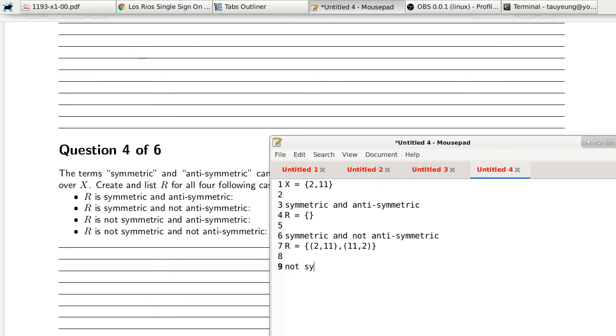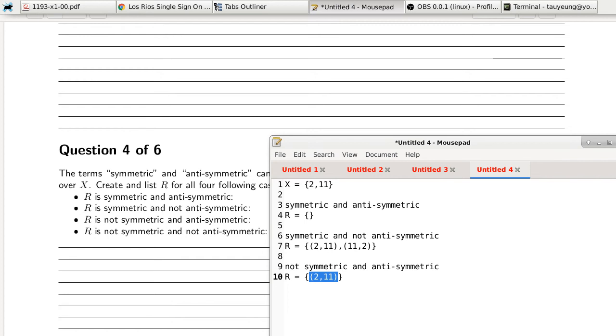Next one, not symmetric and anti-symmetric. This one is actually easy as well. Why? Because this is not symmetric: if (2, 11) is in the relation, then in order for the relation to be symmetric, (11, 2) has to be in the relation as well. Since it's missing, it is not symmetric.